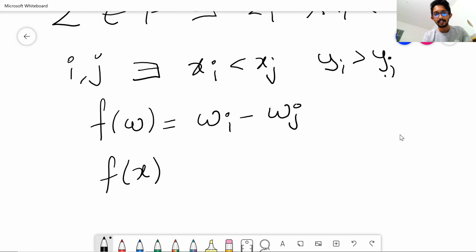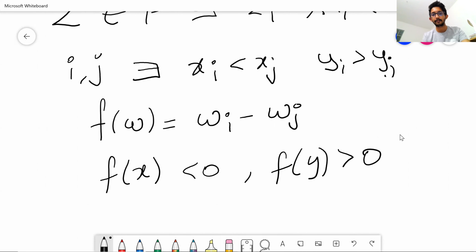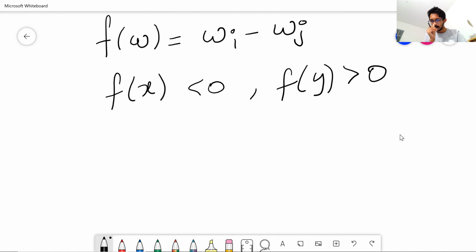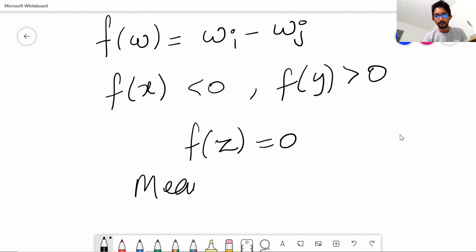Since xi is less than xj, it's going to be a negative value. Similarly, f(y) is going to be a greater value. If f(x) is less than 0 and f(y) is greater than 0, then the point z, which is in between the path, is going to be a 0. This is because of something called the mean value theorem.